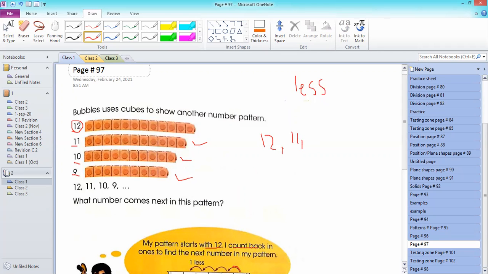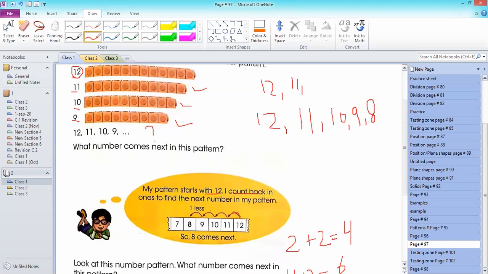Or I can say, guys, that we are counting back. We are going back. Okay. You know how to count back: 12, then 11, then 10, then 9, then 8. So after 9, if someone asks you what will come, you will say, sir, it will be 8. While counting back, after 9, it will be 8.